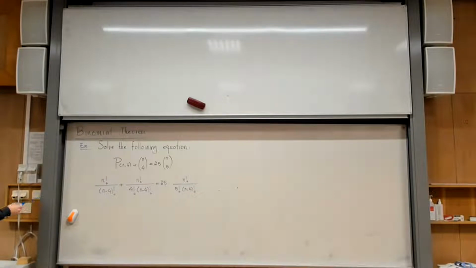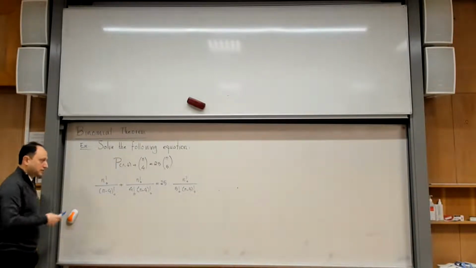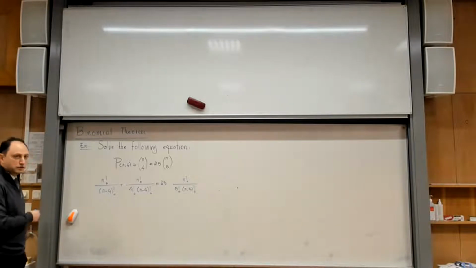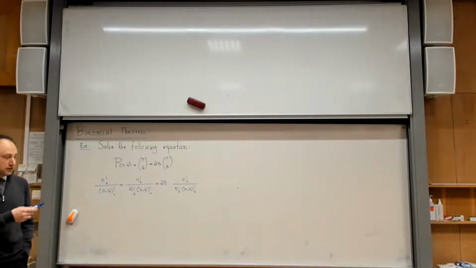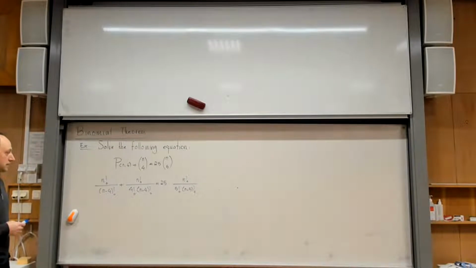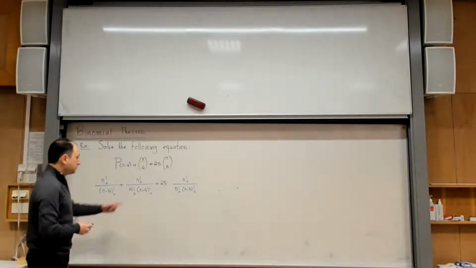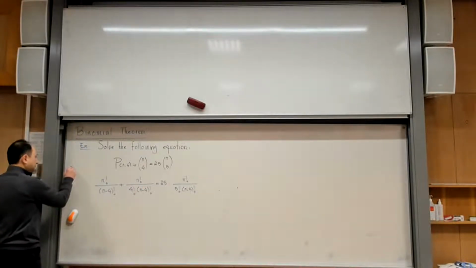Usually, if you have fractions, if you can find a common denominator for all the fractions, it would be good to multiply everything by that common denominator, so that I can get rid of the fractions. I hope that you agree with me that 5 factorial times n minus 4 factorial is a good choice, yes?